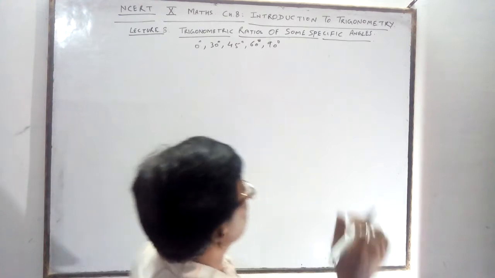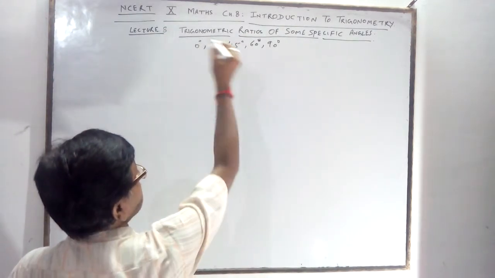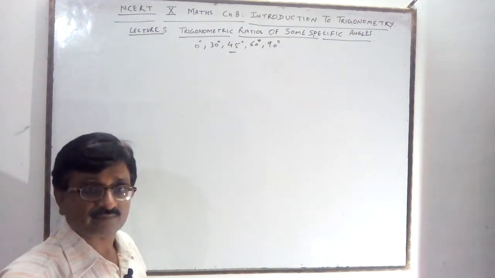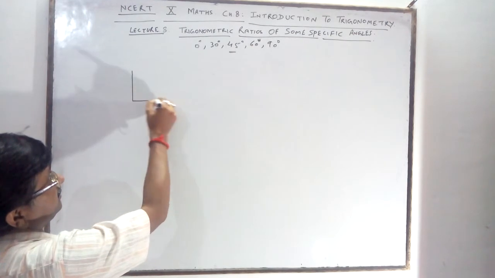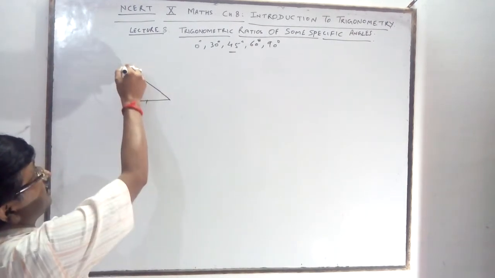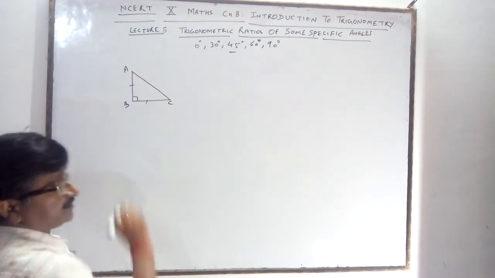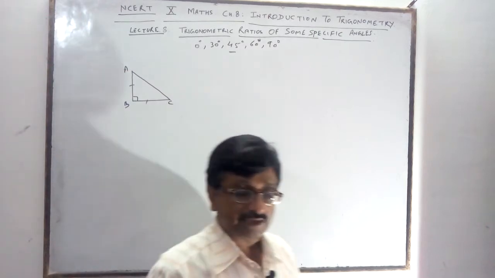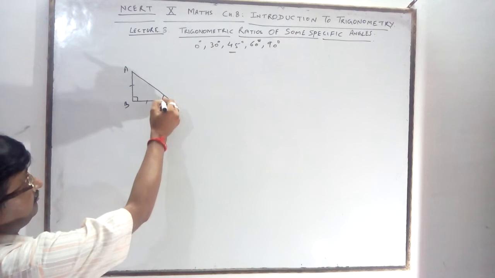First of all, you must keep in mind, let us find 45 degree. How will you get 45 degree in a right triangle? Draw a 90 degree triangle which is isosceles. In the isosceles right triangle, for one angle 90, each acute angle will be 45.